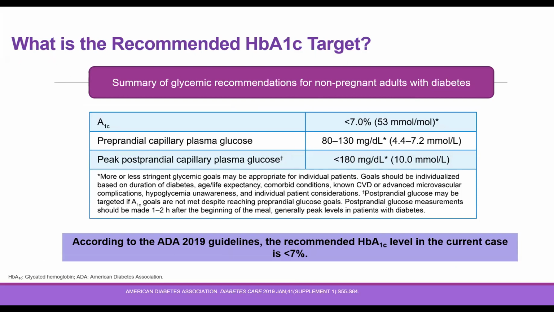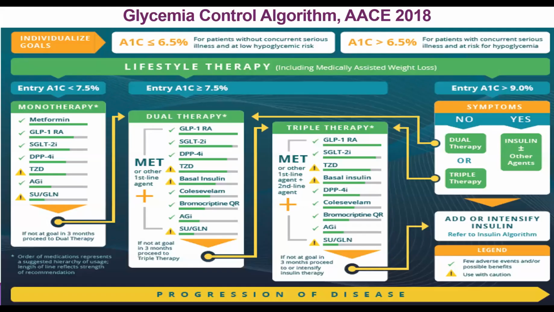As we know, our target is to keep the A1c around 7 with a preprandial target roughly around 80 to 130, and postprandial target between say 130 to 180. According to the ADA 2019 guideline, the recommended A1c level in such patients should be around 7%.